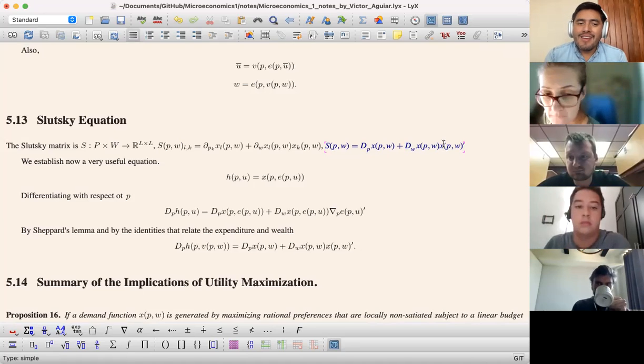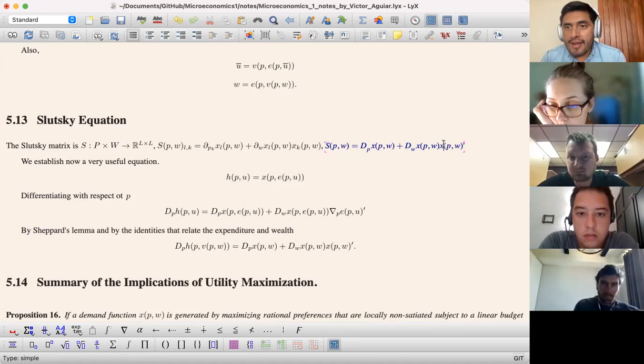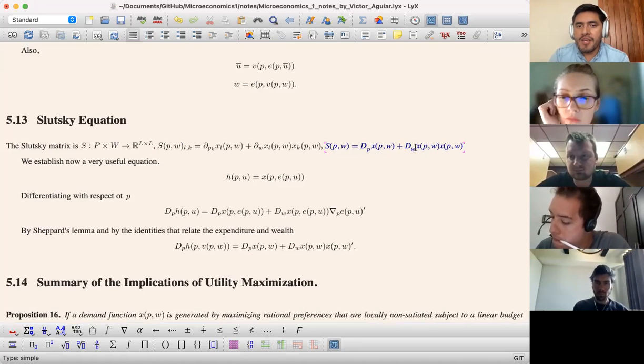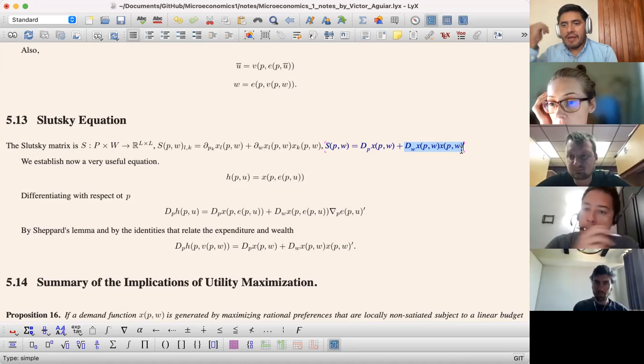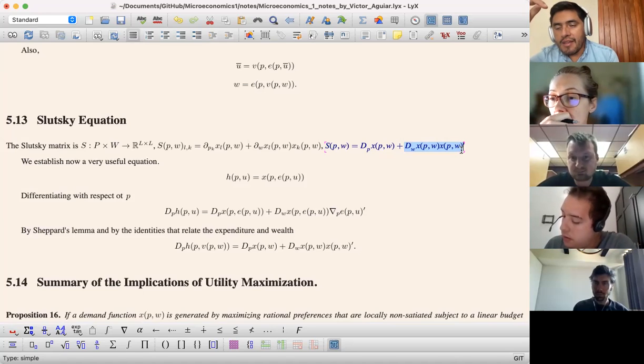One important thing is the following. I want you to realize that this is a little bit similar to the substitution matrix of the Hicksian, right? But there is an additional term, and this term here is sort of a weird term, right? It's basically income effects, but multiplied by the quantity.